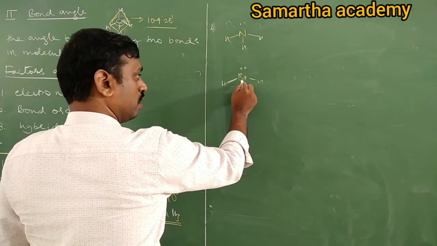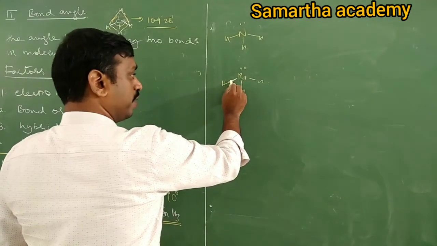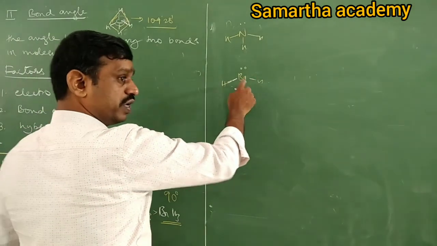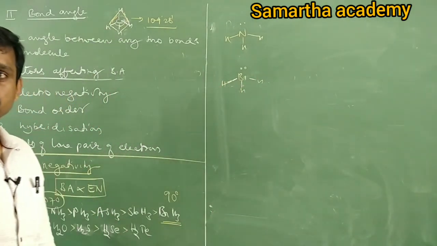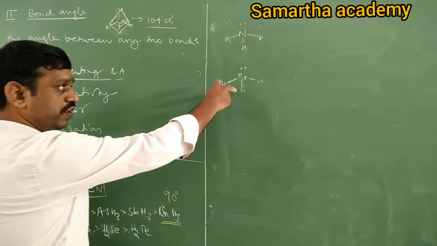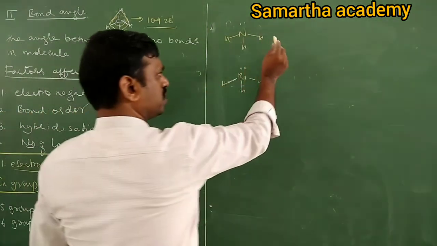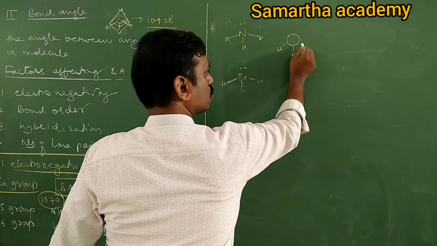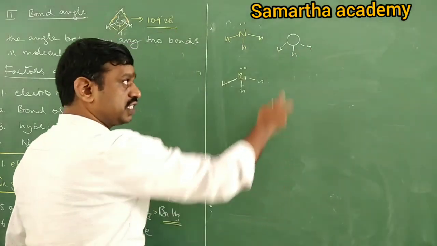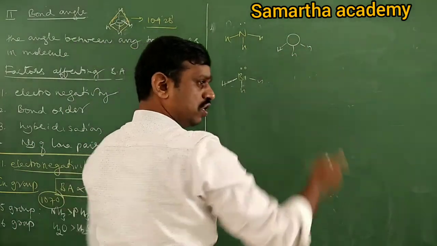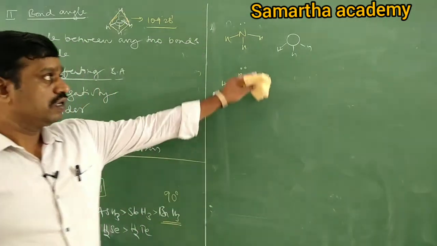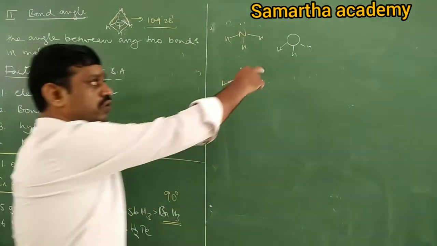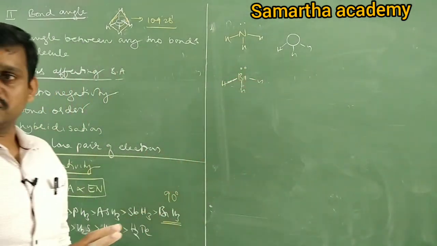When atomic size increases, the repulsion between the bond pairs decreases. It's very simple. Take a small atom with 3 hydrogens; they are somewhat closer to each other because they are placed on a small atom.